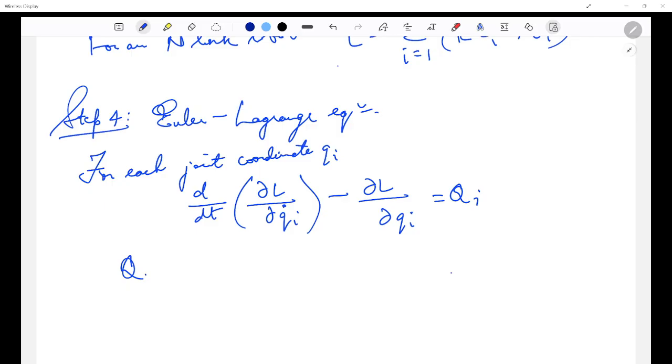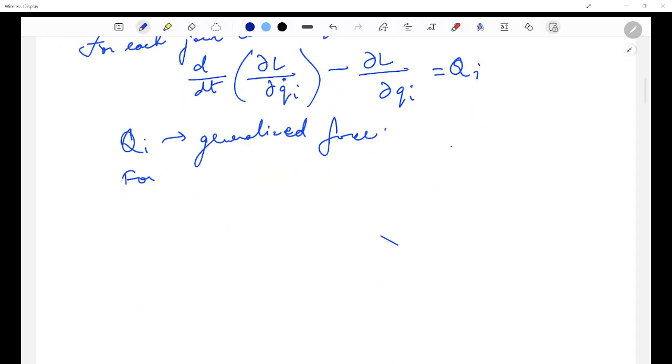What is Qi here? Qi is the generalized force. Okay, so for robots, generally Qi is equal to tau i, the torque.